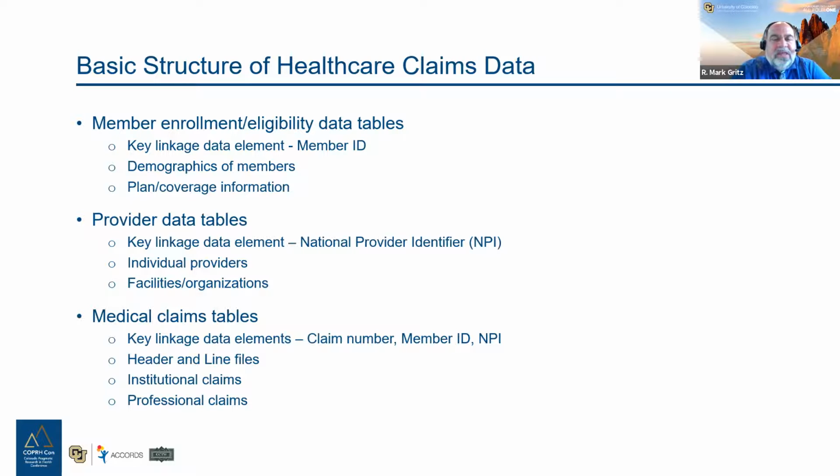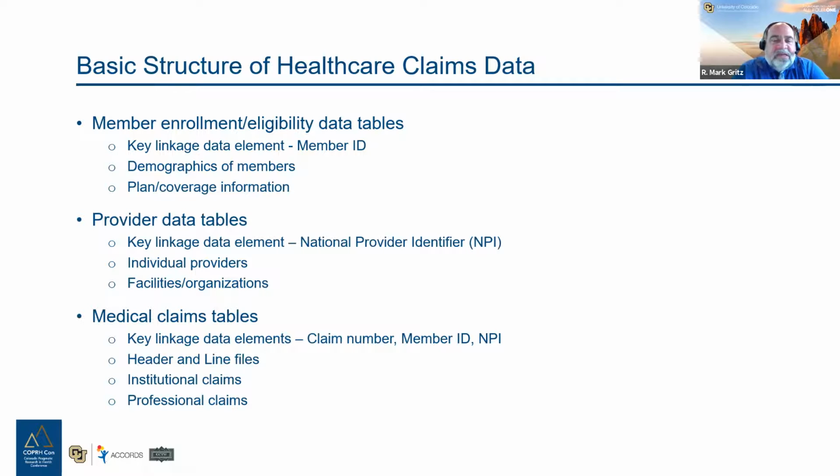Its key linkage data element to link together all these other data tables is the member ID. This is where you would find demographic information on individual members, as well as specific plan and coverage information. For example, if the plan provides dental coverage, it would be indicated whether the individual member has the dental coverage or not in the member enrollment and eligibility file.